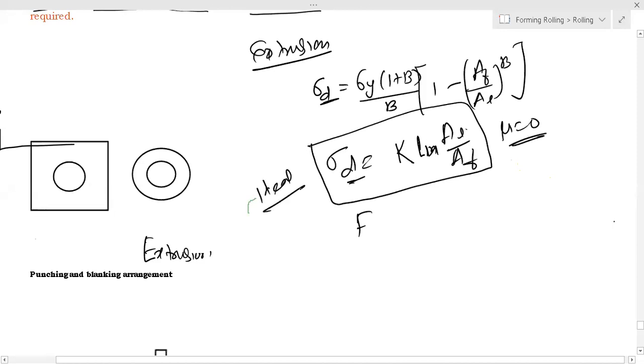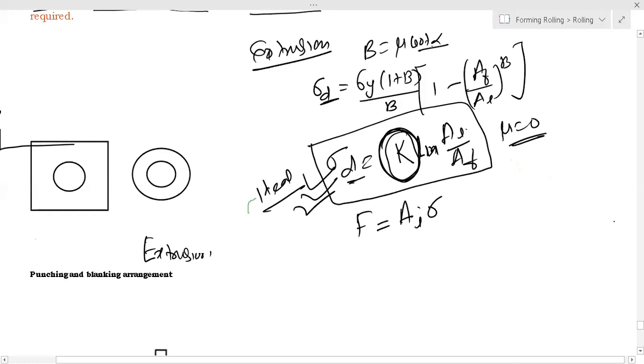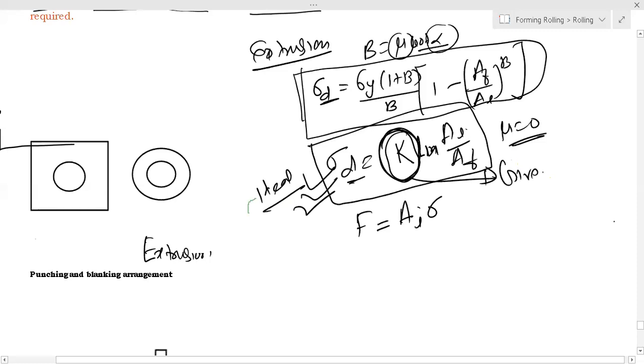Then force is equal to A initial into sigma. We use this formula if K is given, and B is equal to mu cot alpha, where alpha is the semi-die angle correction. That formula will be used when that is given, but if K is given, use this formula.